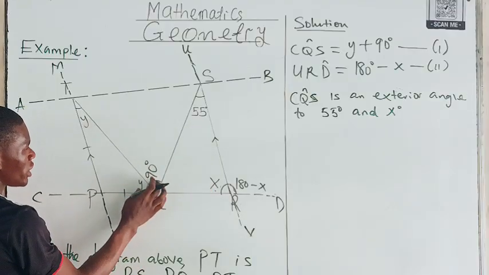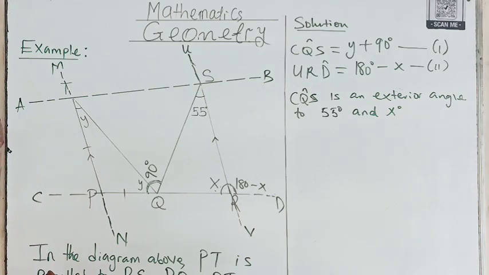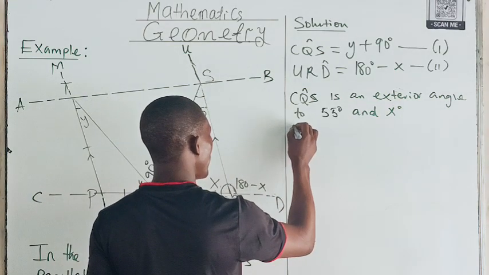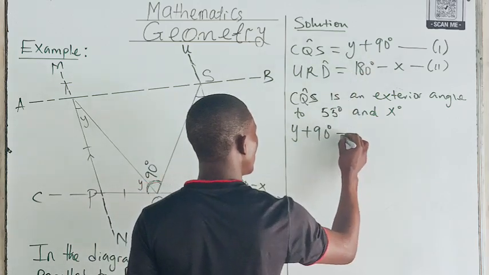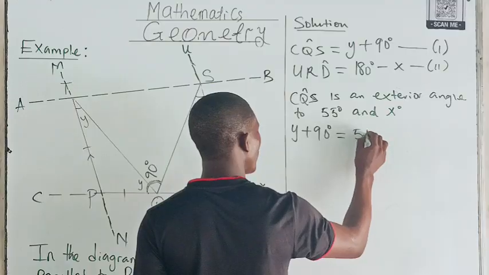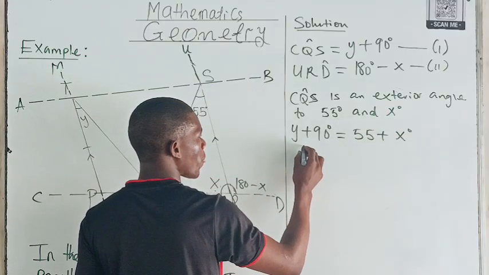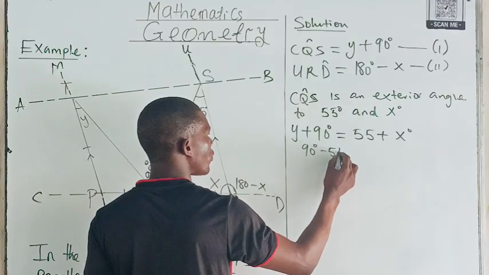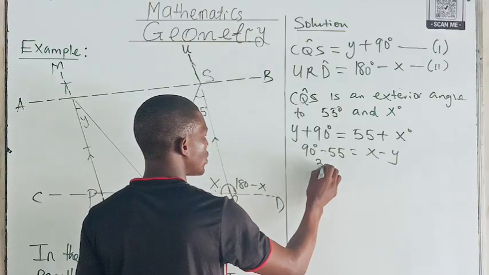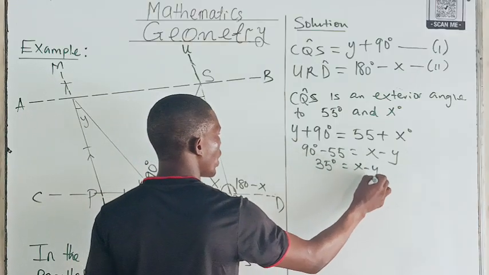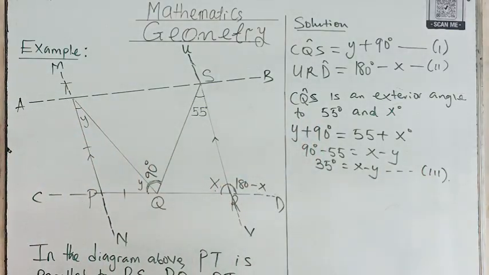That means this equals the sum of these two, as shown in one of the theorems I showed earlier. So y plus 90 degrees equals 55 plus x degrees. That means 90 degrees minus 55 equals x minus y, so we have 35 degrees equals x minus y. Let's call that equation 3.